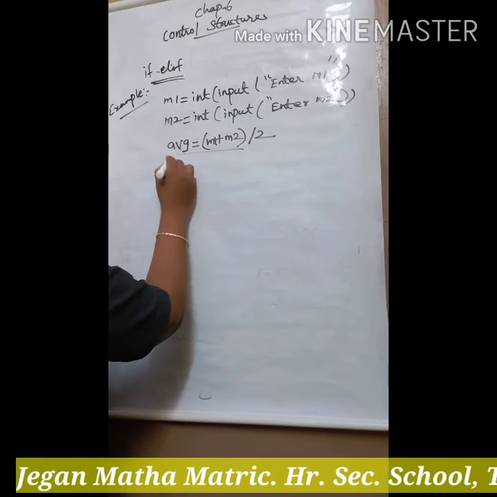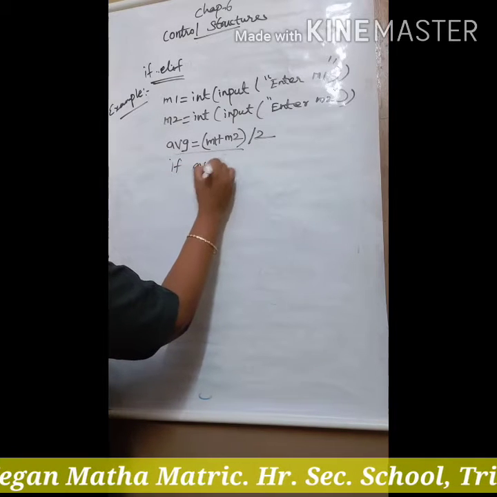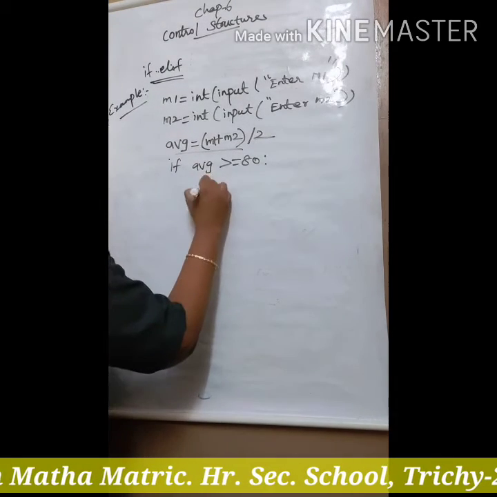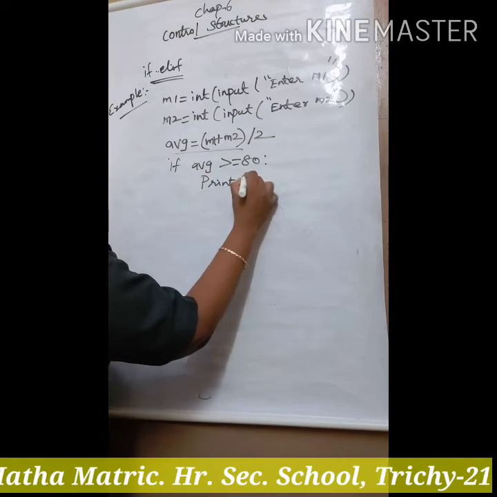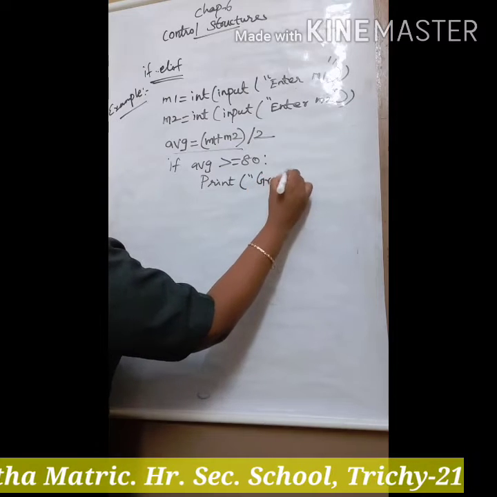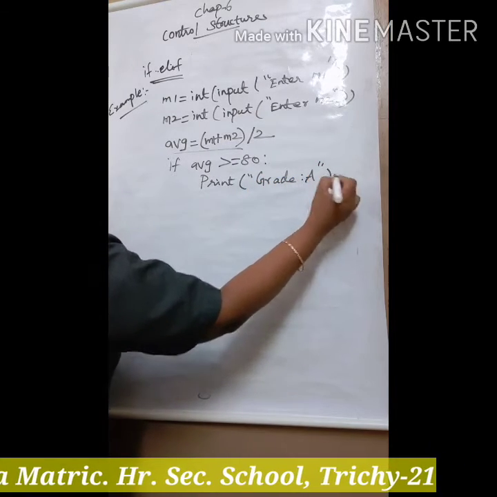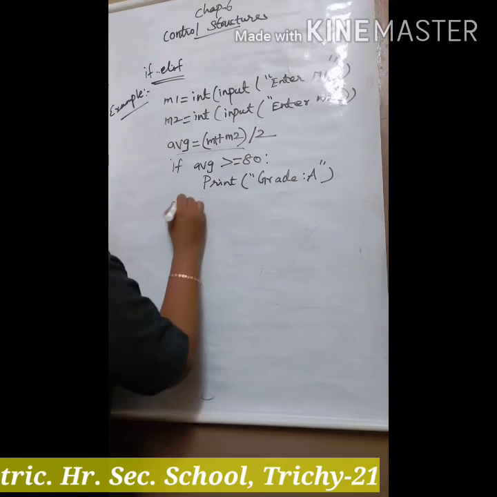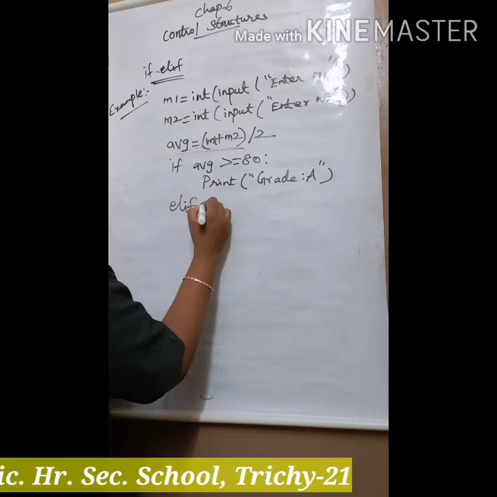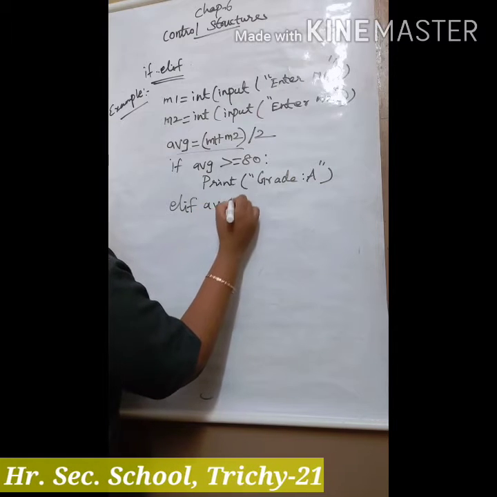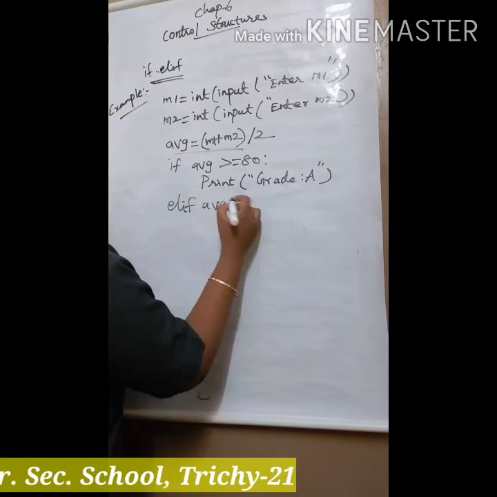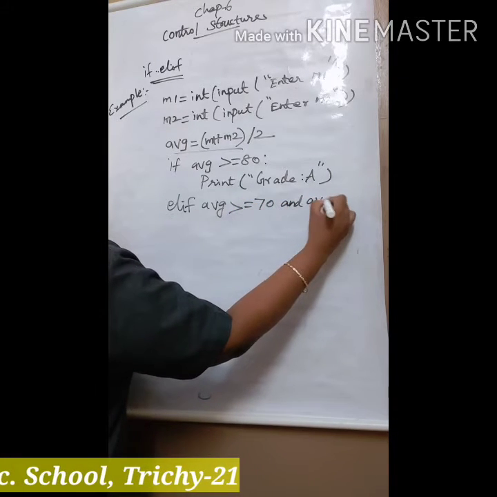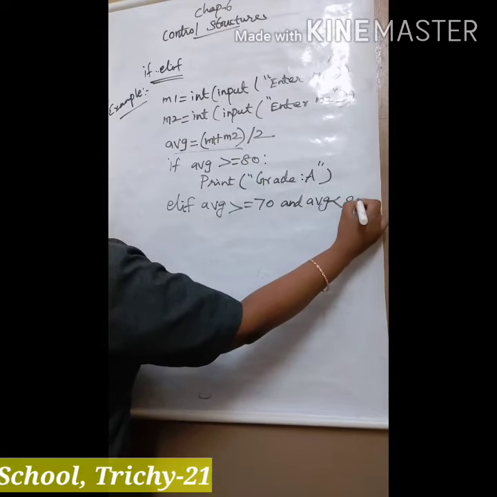Now we use the condition: if average greater than or equal to 80. If the condition is true, print grade A. If the condition is false, it comes to the next elif statement: average greater than or equal to 70 and average less than 80.